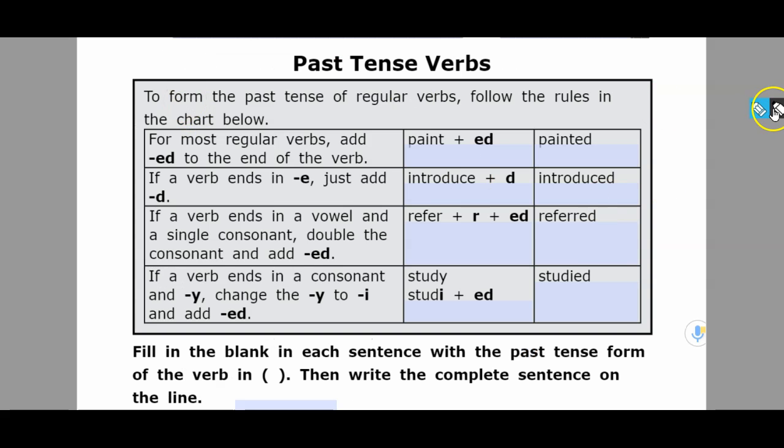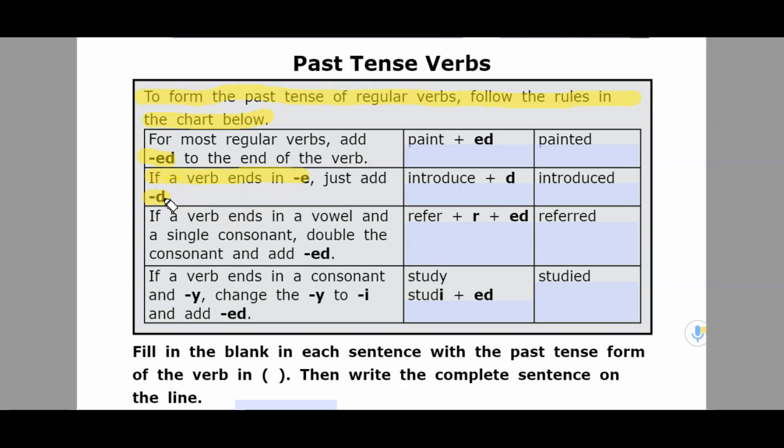So it says to form the past tense of a regular verb, follow the rules in the chart. Okay. For most regular verbs, add what? Ed. If the verb ends in an E, I just need to add what?